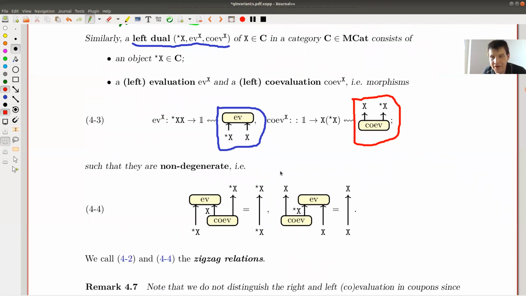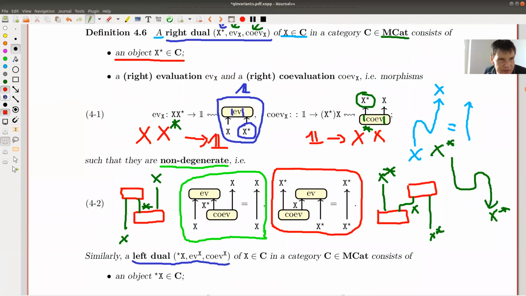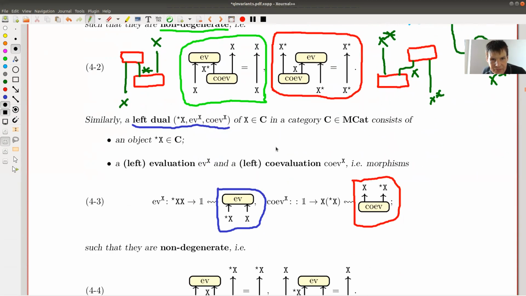And there's a co-evaluation version as well. The way I distinguish them in the notation is a bit tricky, because in the end I don't really care. In the end, I want to get rid of the left and right ambiguity. But anyway, the right ones will have the X in the subscript, and the left ones will have the X in the superscript. And as I said, the left dual is on the left and the right dual is on the right.